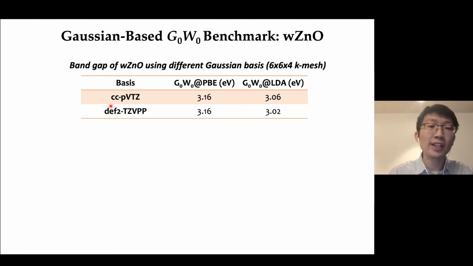So here, in addition to the cc-pVTZ basis, we also choose another Gaussian basis, namely def2-TZVPP. And as you could see in this table, indeed, our method gives very consistent GW at PBE and GW at LDA band gaps between these two basis sets.